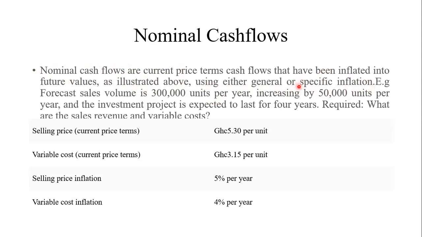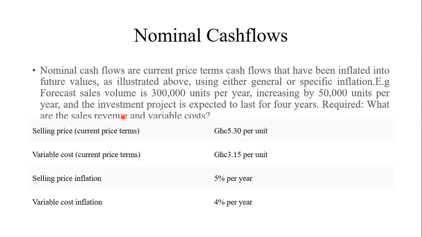If you have general inflation, that makes it easier. But then if you have specific inflation, then for each cash flow you have to multiply by a specific inflation factor. Example: forecast sales volume is 300,000 units per year, increasing by 50,000 units per year, and then the investment project is expected to last for 4 years.